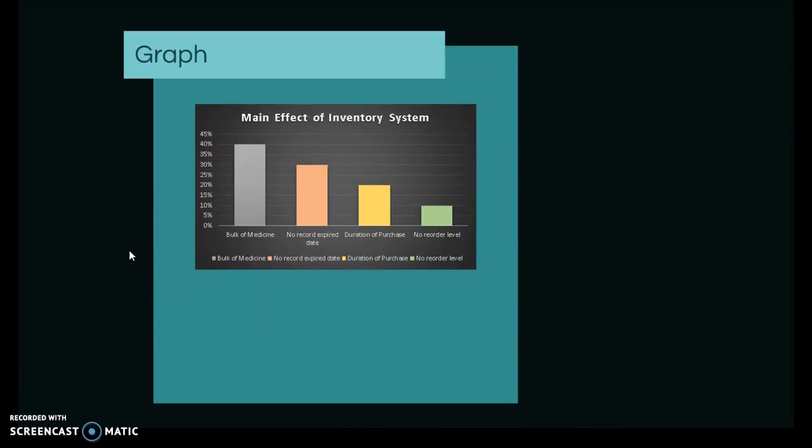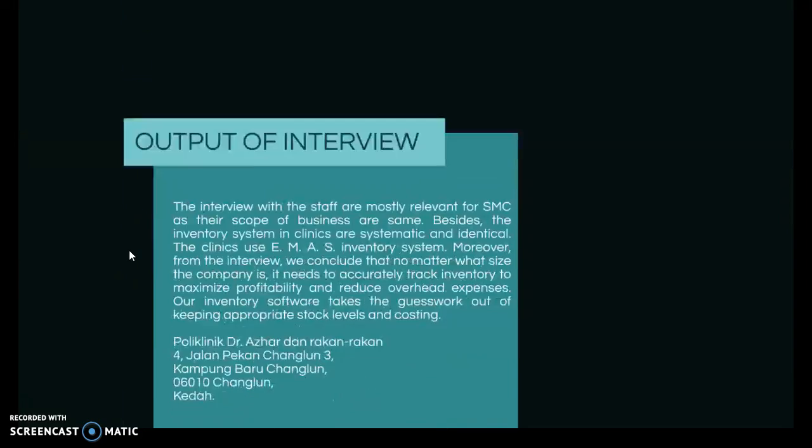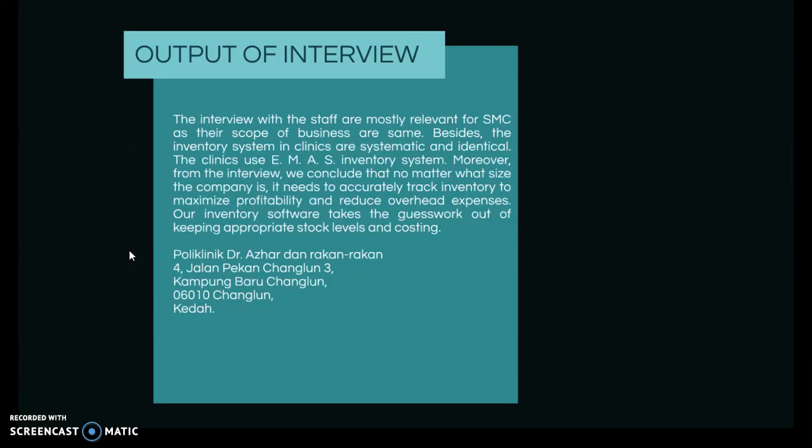This graph is about the main effect of inventory system for Sehat Medical Center. The highest effect is the bulk of medicine and the lowest effect is no reorder level. The interview with the staff is mostly relevant for Sehat Medical Center as their scope of business is the same. Besides, the inventory system in clinics is systematic and identical.